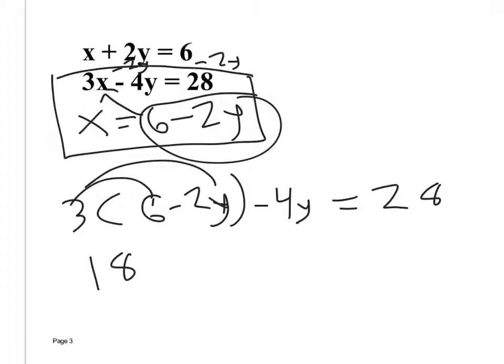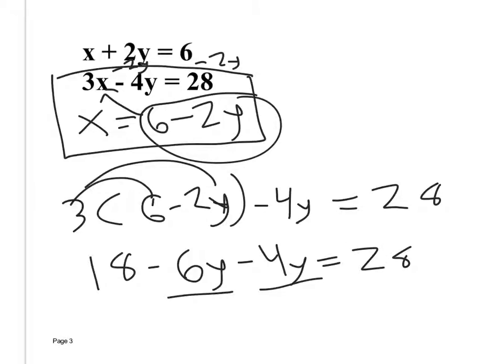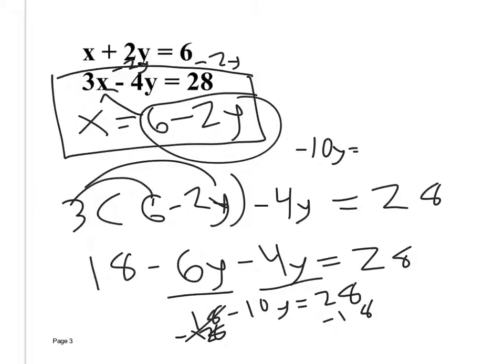So 18 minus 6y minus 4y is equal to 28. Combine like terms. What's -6y and -4y? So 18 minus 10y is equal to 28. Subtract 18 to both sides. You get, which I'll just write right here, negative 10y is equal to what?